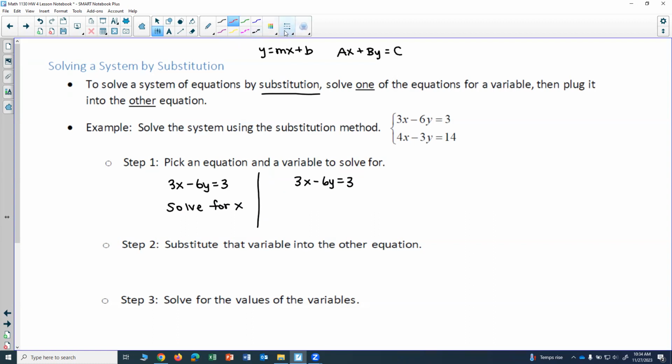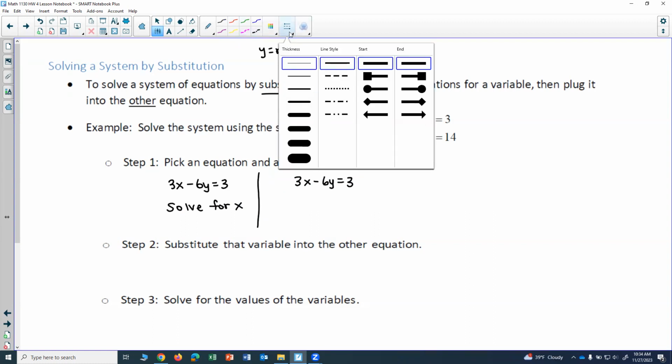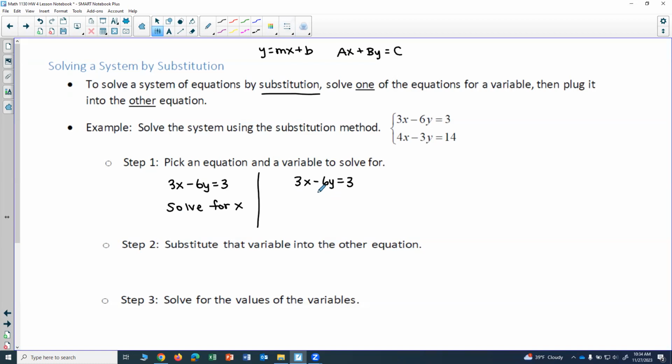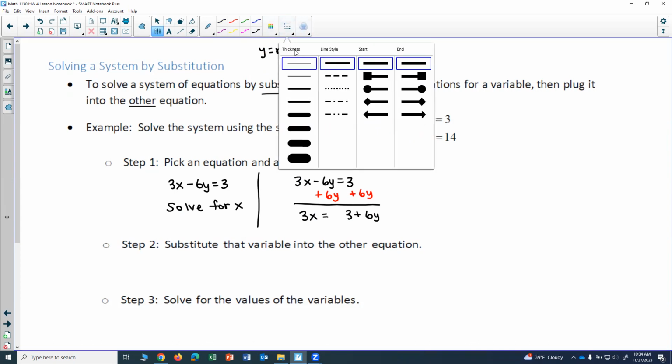So I'll take my 3x minus 6y equals 3, and I chose to solve for x. So what I want to do is get x by itself on one side of the equation. So I'll start by adding the 6y to the other side of the equation. And I end up with 3x equals 3 plus 6y. Now I have to go ahead and get the x by itself.